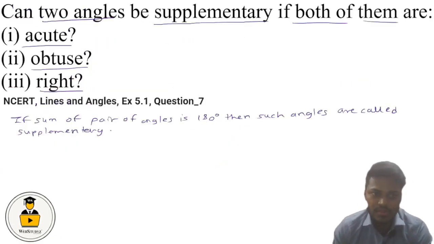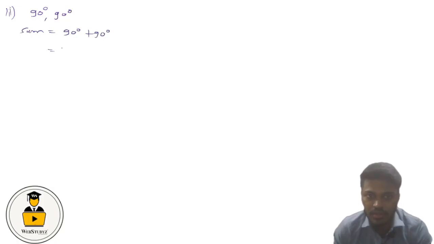Now the next is we want to check if two angles are right angles. Right angles means both of them will be 90 degrees. So let us find out the sum. 90 degrees plus 90 degrees will be 180 degrees.